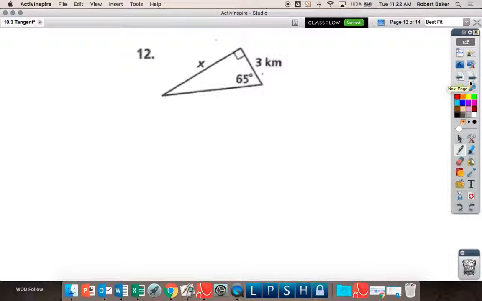All right, last one. So tangent of 65 degrees equals x over 3. Okay, that's it. All the math is done. All we've got to do is get an answer.